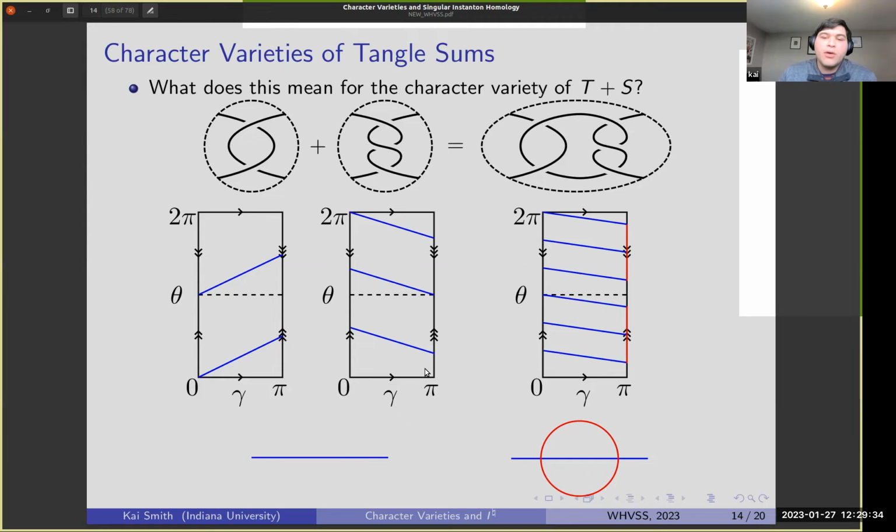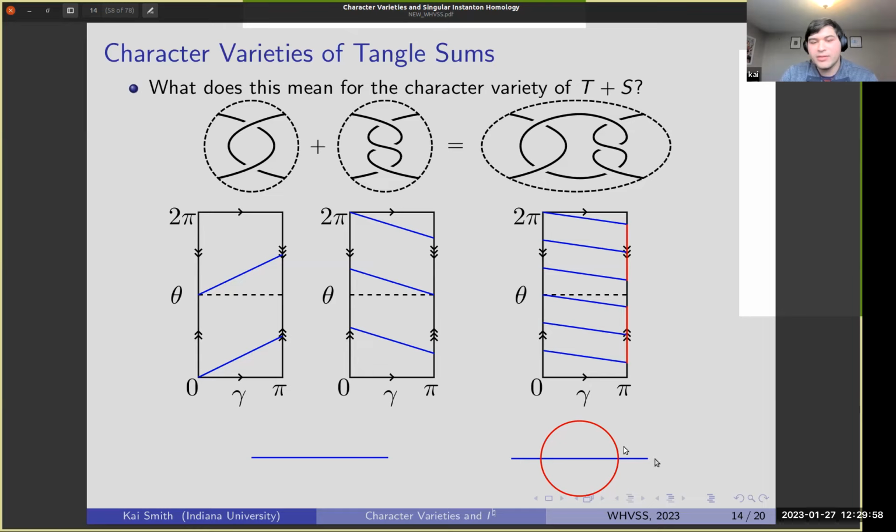And the goal is to understand the character variety of the tangle sum just from the information that's in these two pictures, without actually looking at any representations from the fundamental group into SU2, just by putting these two pictures together. I'll explain how you do that in a second, but the first thing to notice is that the result I get when I do that is this singular space.